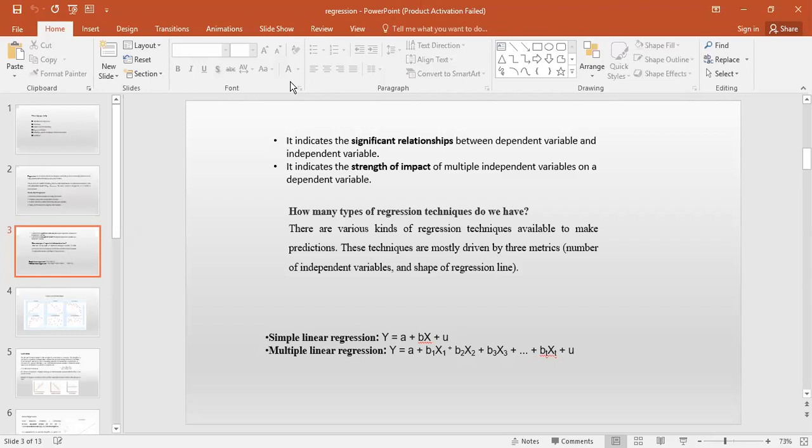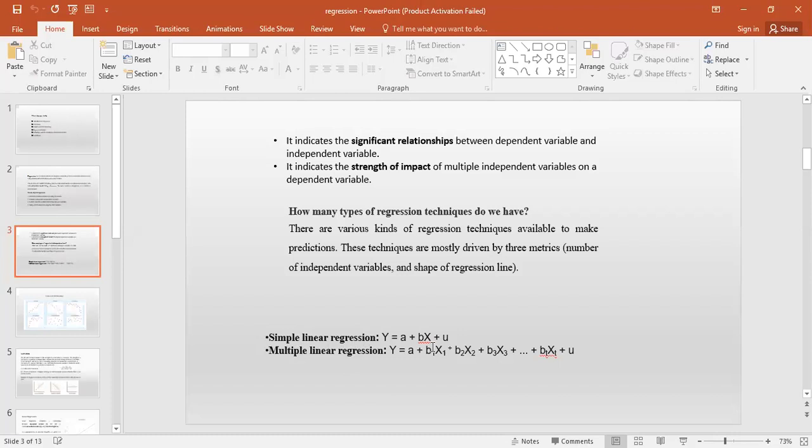How can we classify these regression models? It is based on the number of independent variables and the shape of the regression line. Based on the number of independent variables, we have simple linear regression and multiple linear regression.